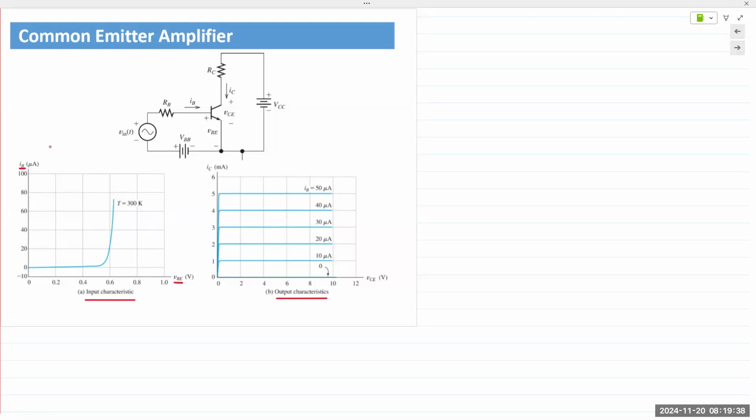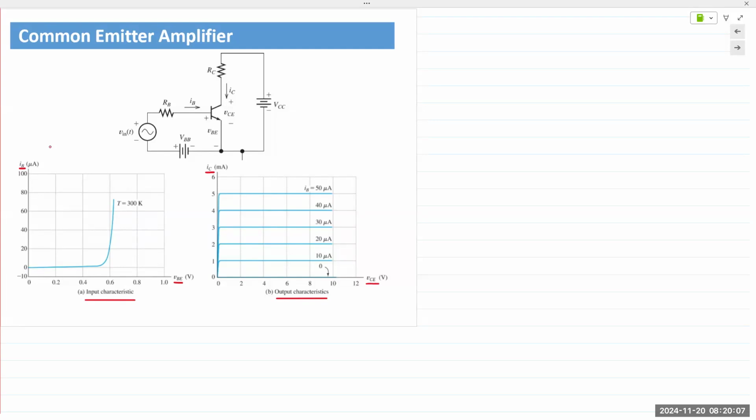Again, input is going into the base, so the input characteristic is the base current IB as a function of the base emitter voltage VBE. On the output side, we are taking the output at the collector, and so it's a characteristic of the collector current IC as a function of collector emitter voltage VCE.